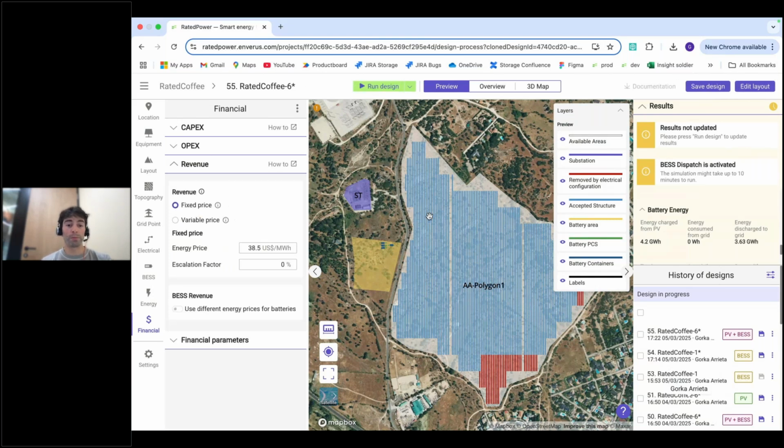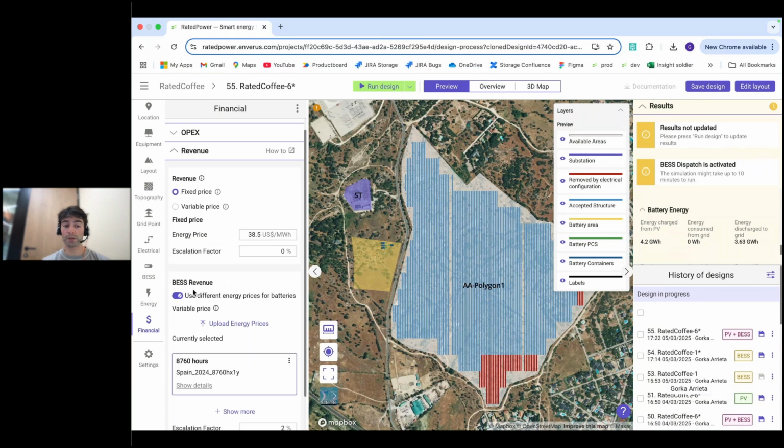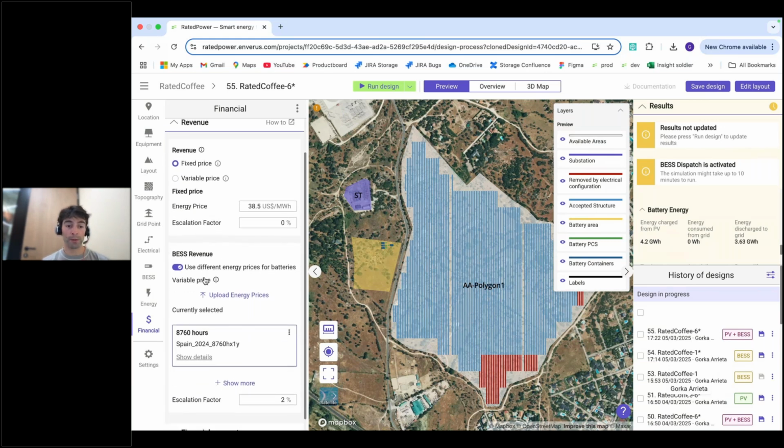or maybe you still have a PPA for the PV plant and you are selling fixed energy at a fixed price, but you want to go to the wholesale market with the BESS, with the battery, and do a merchant battery system.